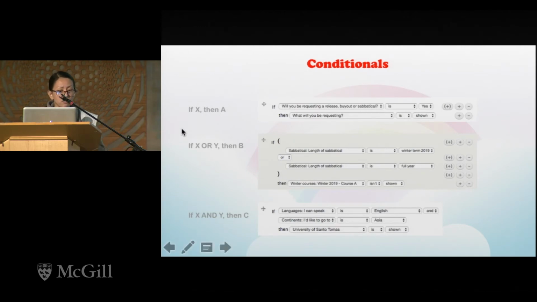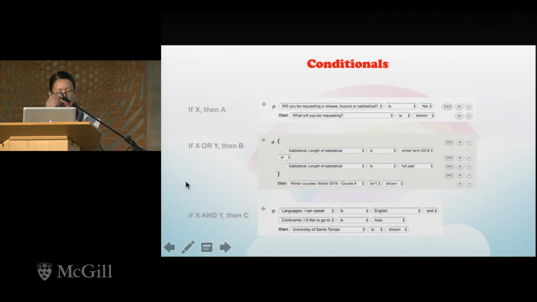So building on if X, then A, slightly more complex, you've got if X or Y, then B. And then you've also got if X and Y, then C. Now, what you see here, the or and the and, they're what we call operators.